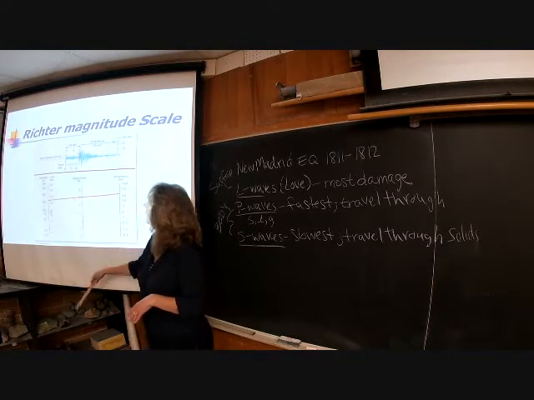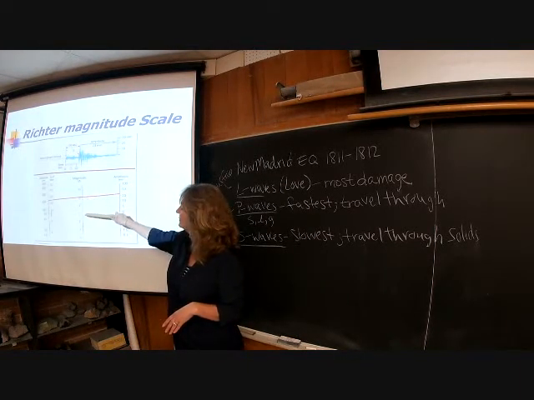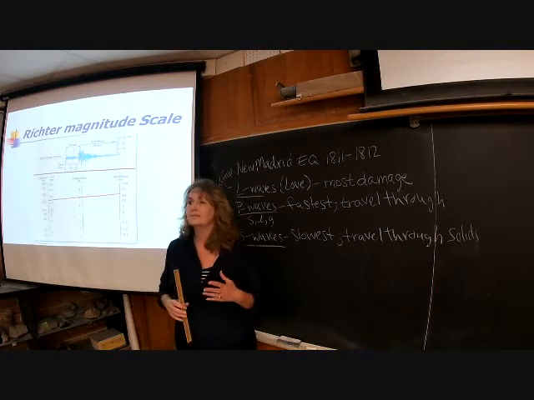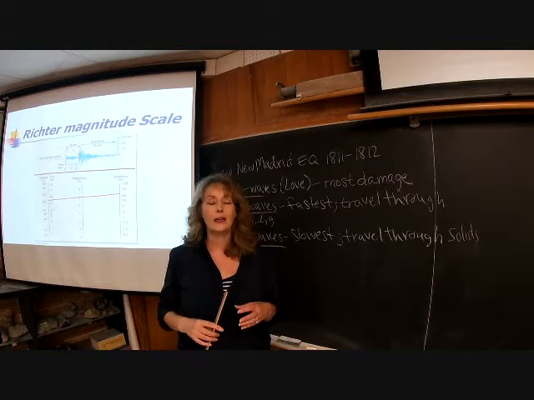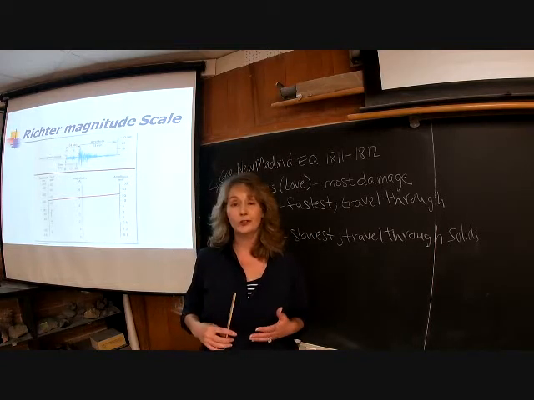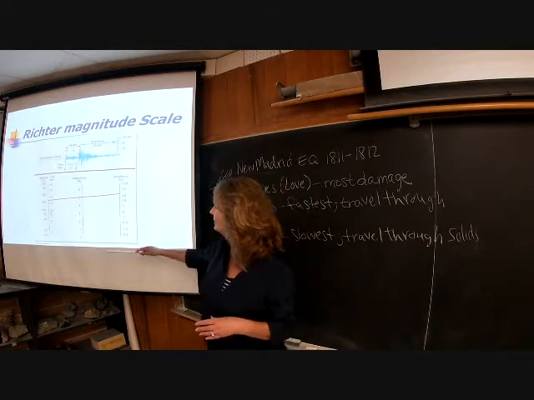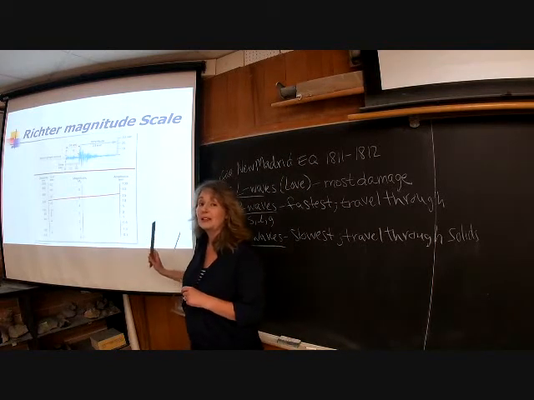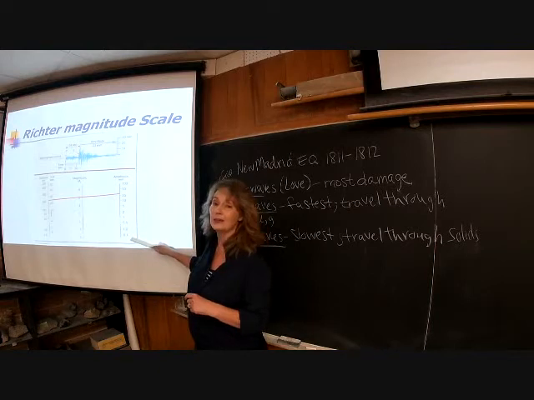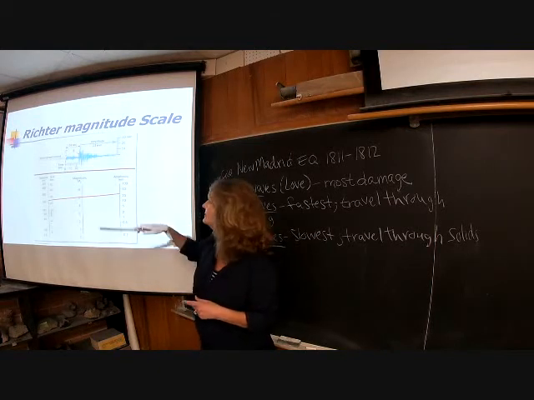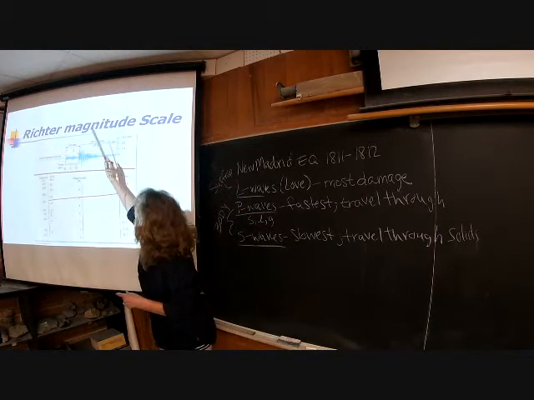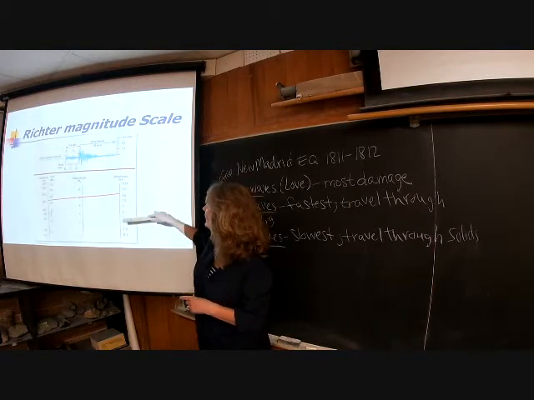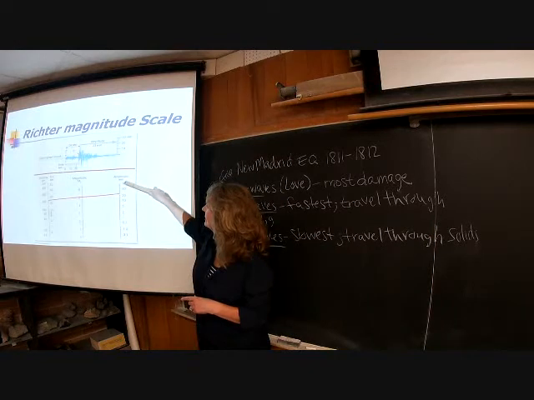Down the middle is the magnitude. And so this is sort of an exponential type of graph or chart, in that 1 unit of magnitude is equivalent to a 10-fold increase in the amplitude of the little seismic waves. Amplitudes over here in millimeters.